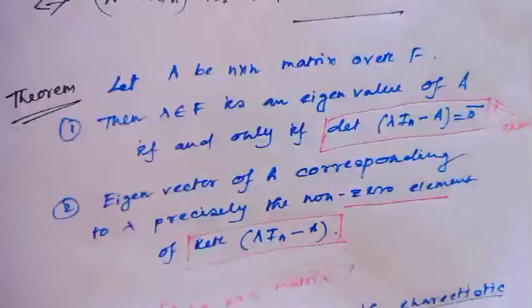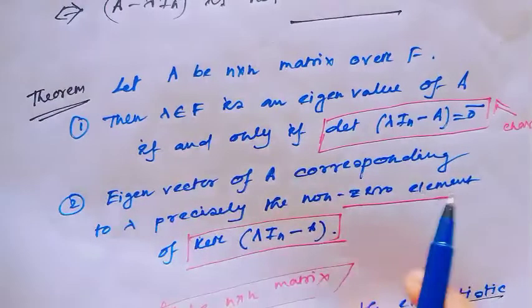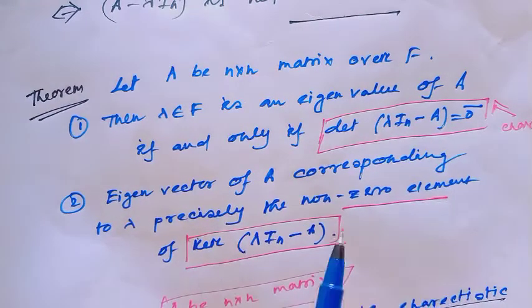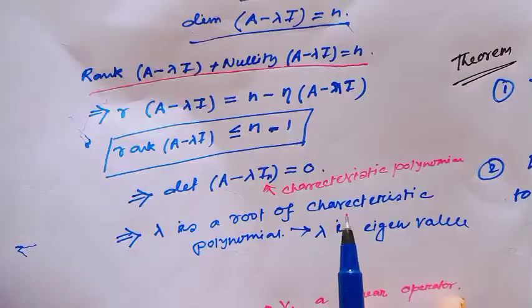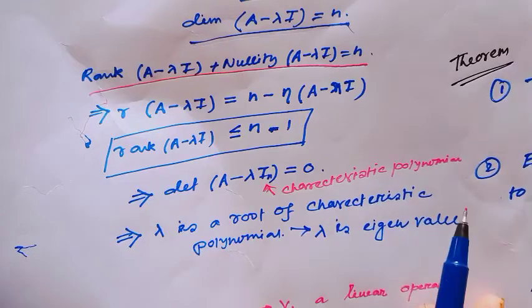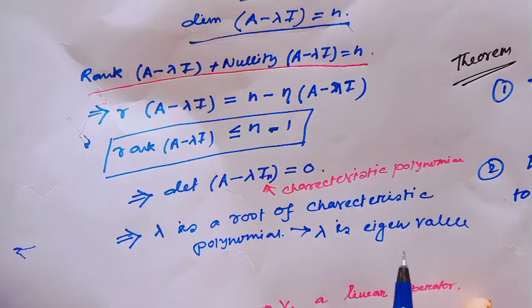The eigenvectors of A corresponding to lambda are precisely the non-zero elements of the null space of lambda I_n minus A. That means the root of any characteristic polynomial is called an eigenvalue.